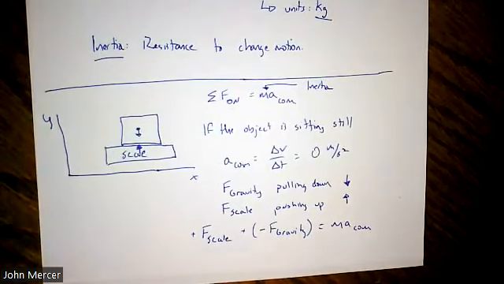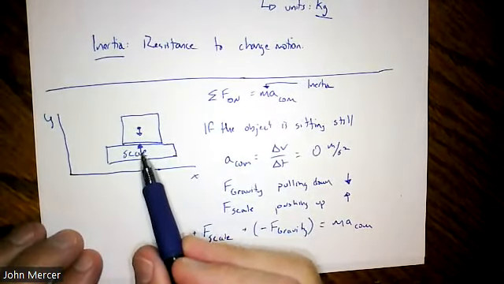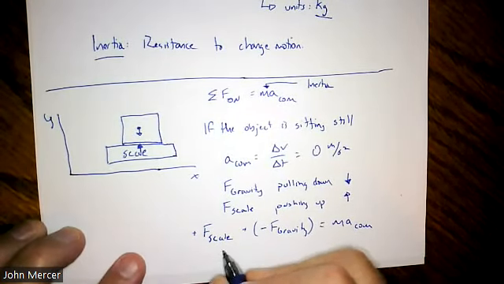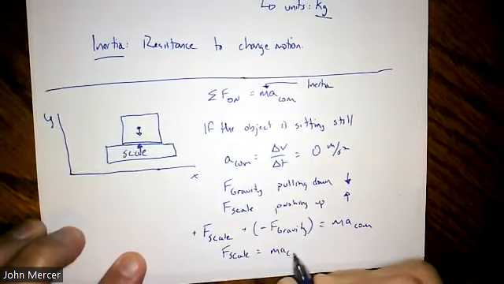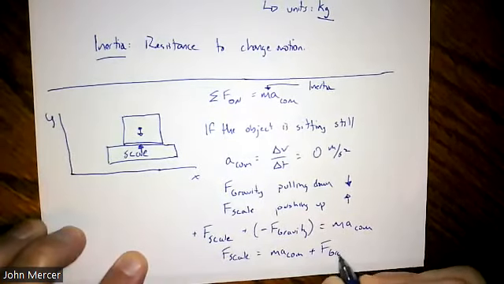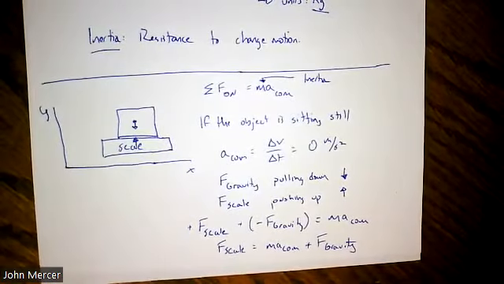All right, well, that's pretty cool. Well, remember, when we stand on the bathroom scale, if we weigh something, we're actually looking at this number right here. So I'm just going to write this by itself: F scale equals m a of the center of mass plus F gravity. And here's the important part of this equation.